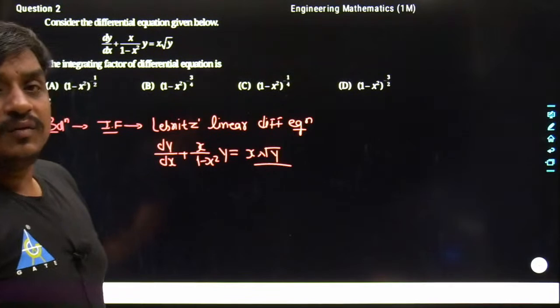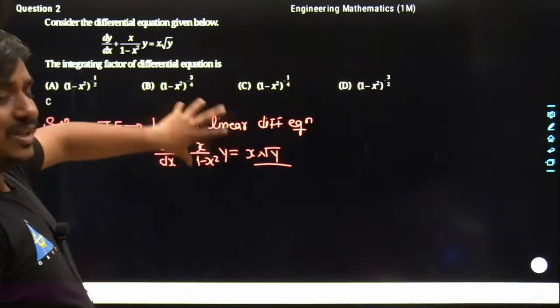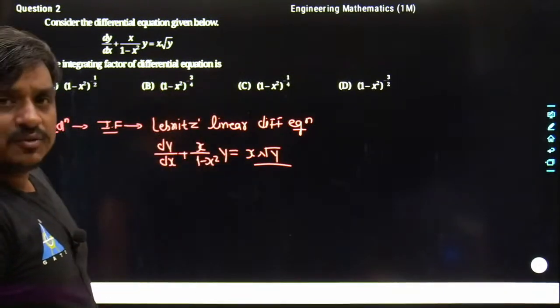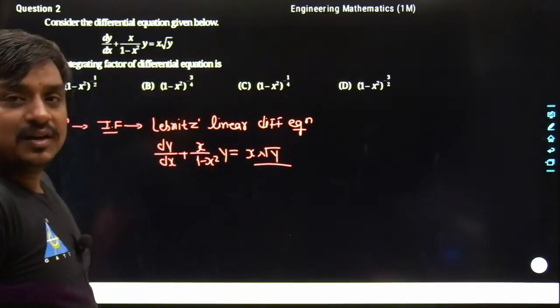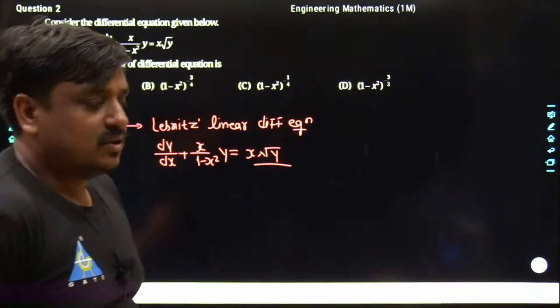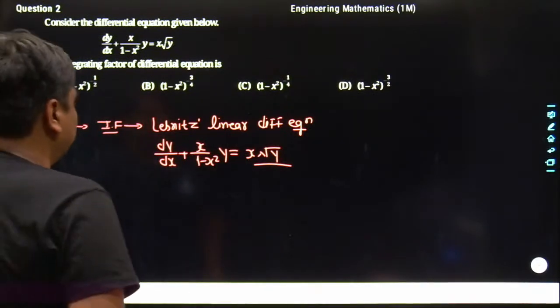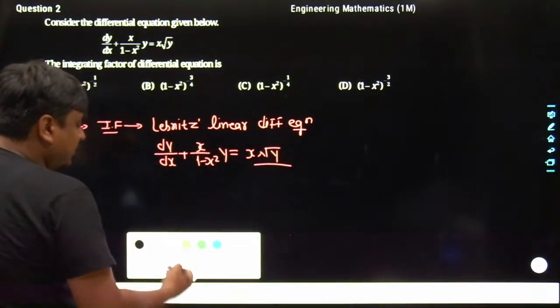So you have to convert this non-linear form of the differential equation into the Leibniz form of the linear differential equation. Once you are done with the Leibniz linear form, easily you can get its integrating factor. How did we know that it is not a linear differential equation of first order?